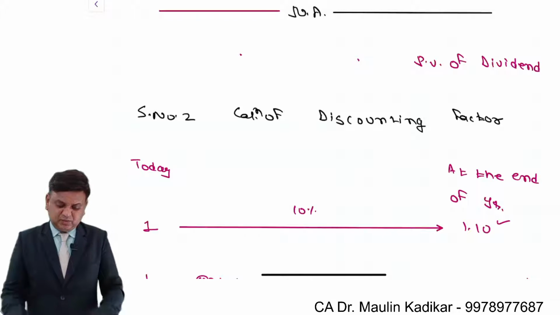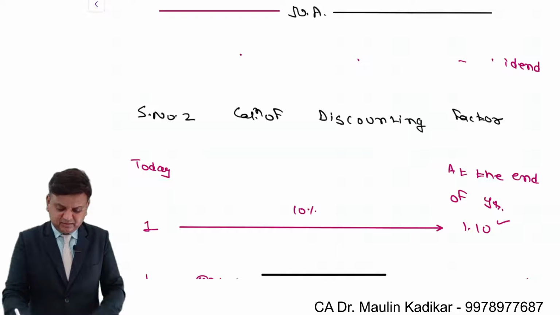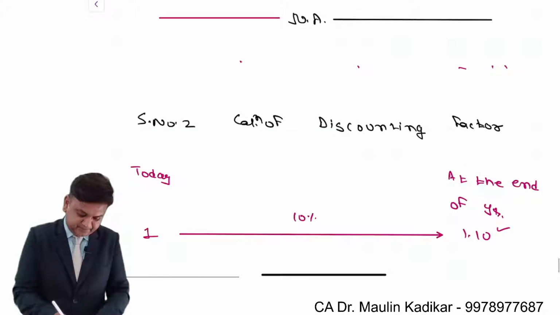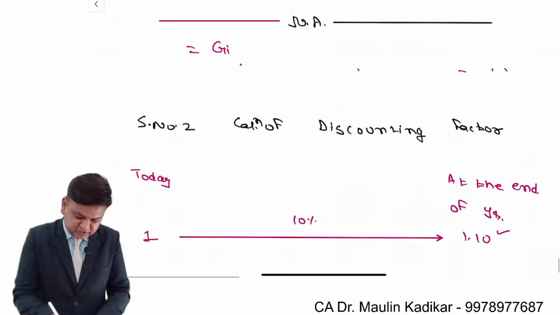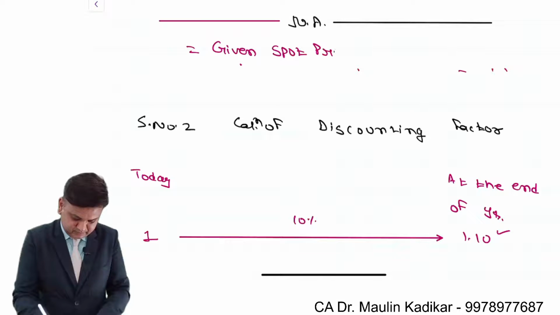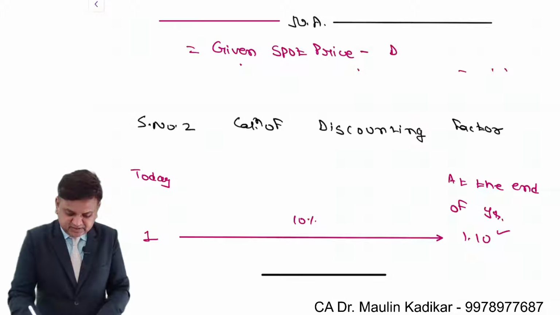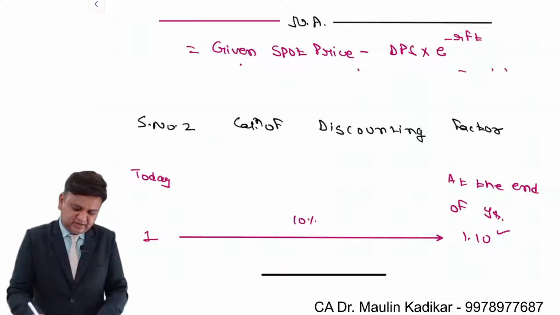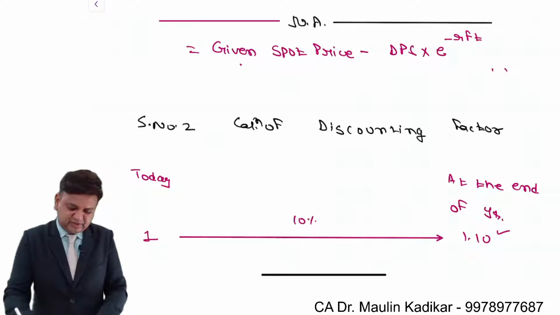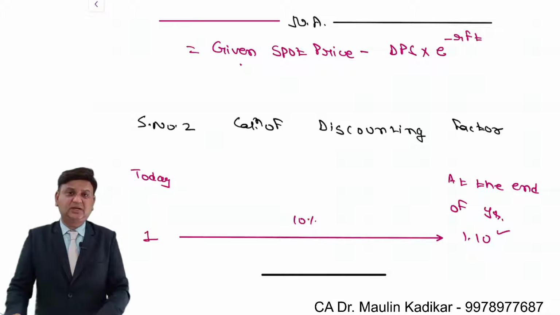So what will happen over here, in step number 1, you are required to compute the revised spot price if required as given spot price minus dividend per share into e raised to negative RF into T. This is the way we are required to make the computation of the revised spot price.